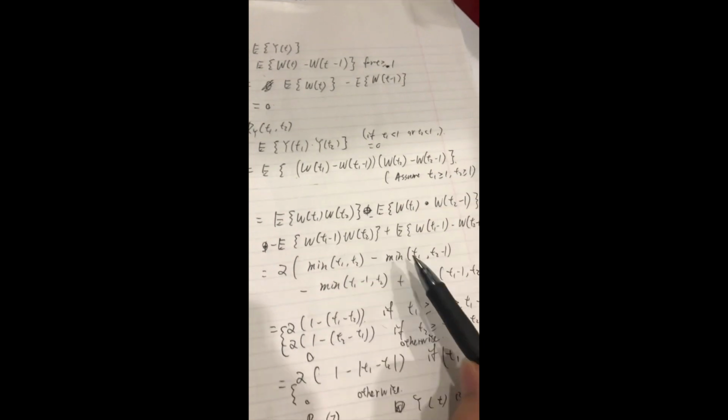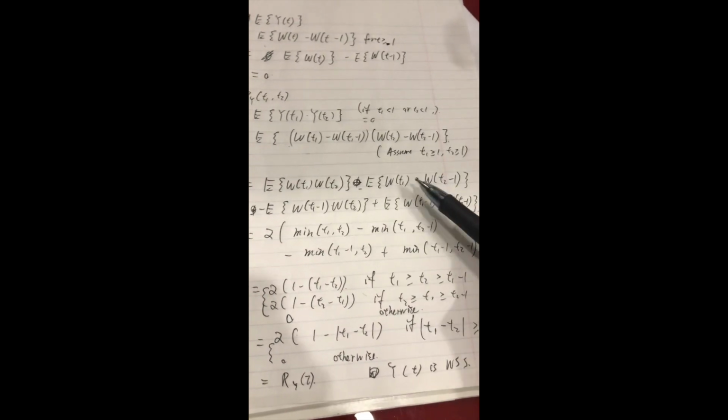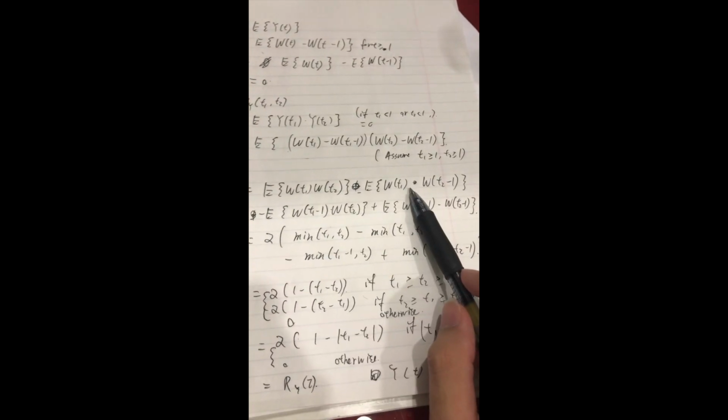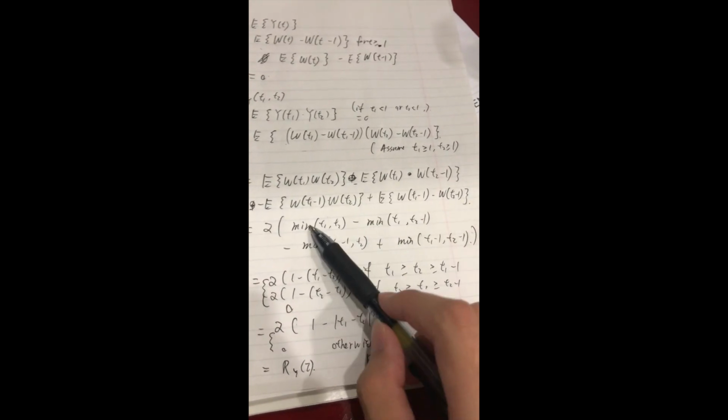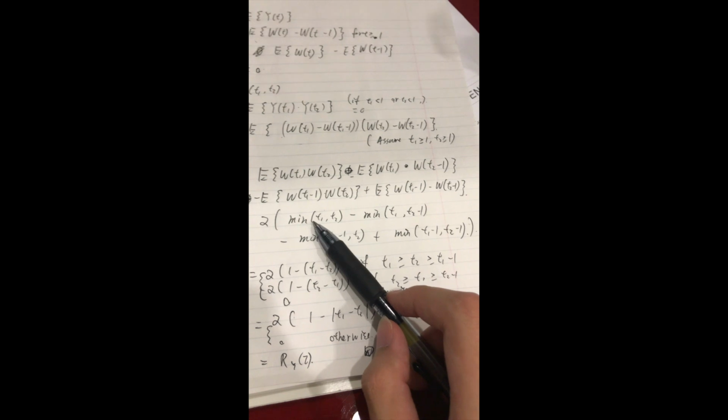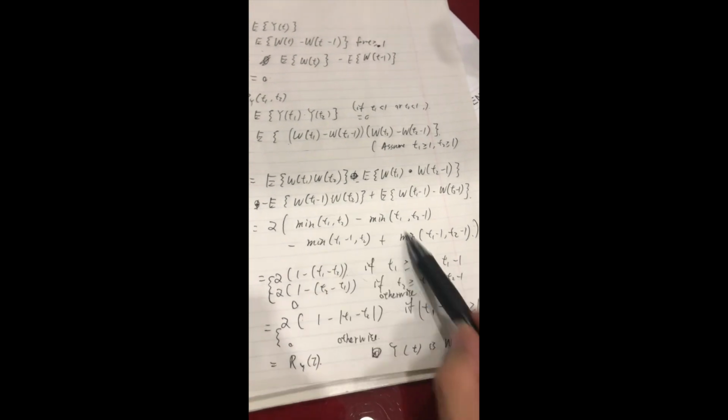So this is the condition, and we assume both are larger than or equal to 1, and we get this formula. Then we just separate them, and use the formula given, and we get this one.